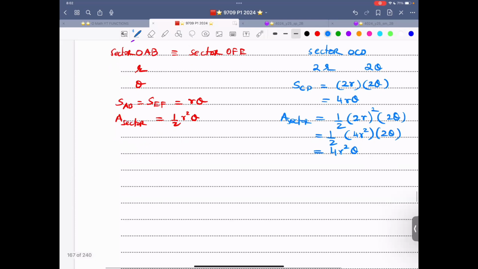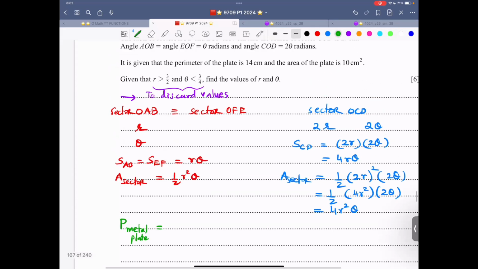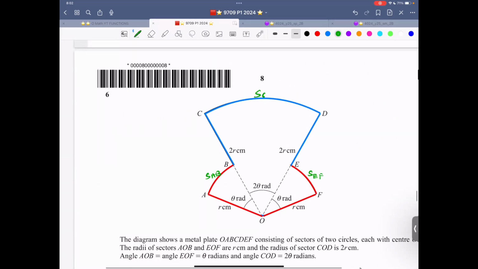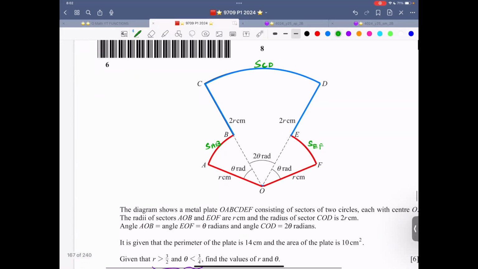Now, as far as the perimeter of this metal plate is concerned, that is arc length AB, which is the same thing as arc length EF, and arc length CD. Plus the radii: R, R, 2R, 2R. So 1, 2, 3, 4, that is 6R.